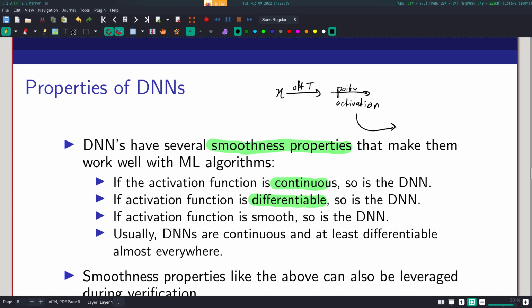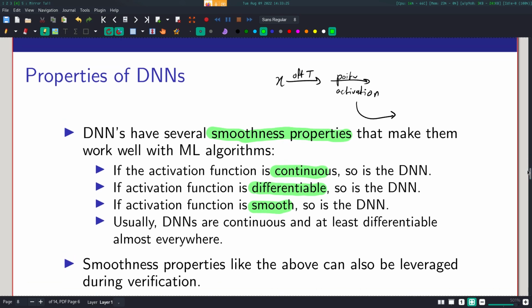So as long as your activation function is nice, your network is also going to be nice, right? And like we saw, usually these activation functions are continuous and they are differentiable at least almost everywhere, right? Which means that usually you can assume DNNs to be continuous and differentiable almost everywhere objects.